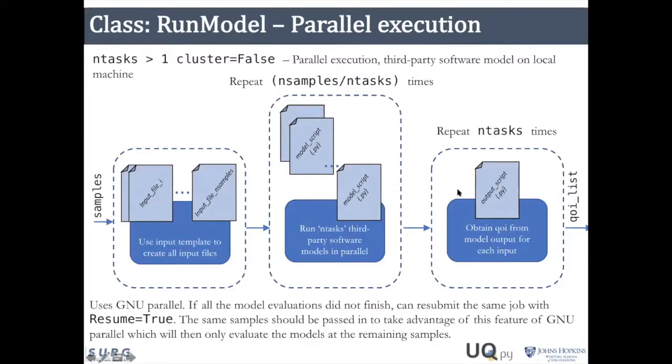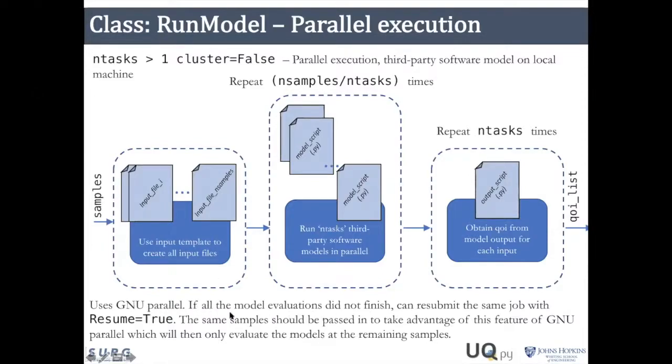So this is repeated n samples number of times, and then the output is stored into QI list. So even though execution is in parallel, the appropriate quantity of interest is stored at the right location. So there's bookkeeping taken care of by RunModel.